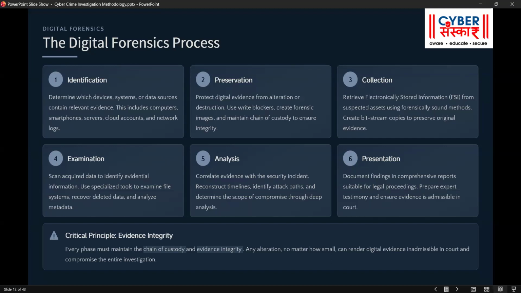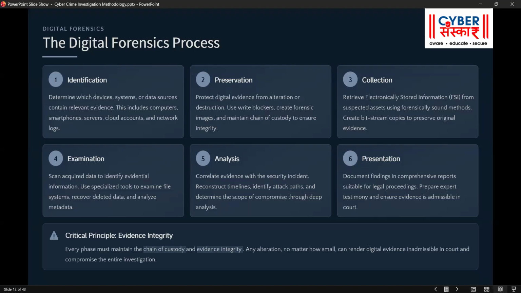Now, we have to determine the scope of compromise through deep analysis. The analysis must be thorough and deep, because sometimes the accused persons modify the evidence so that the police personnel or investigating authorities are misled. But if it is studied in depth, then it is very difficult for them to escape.